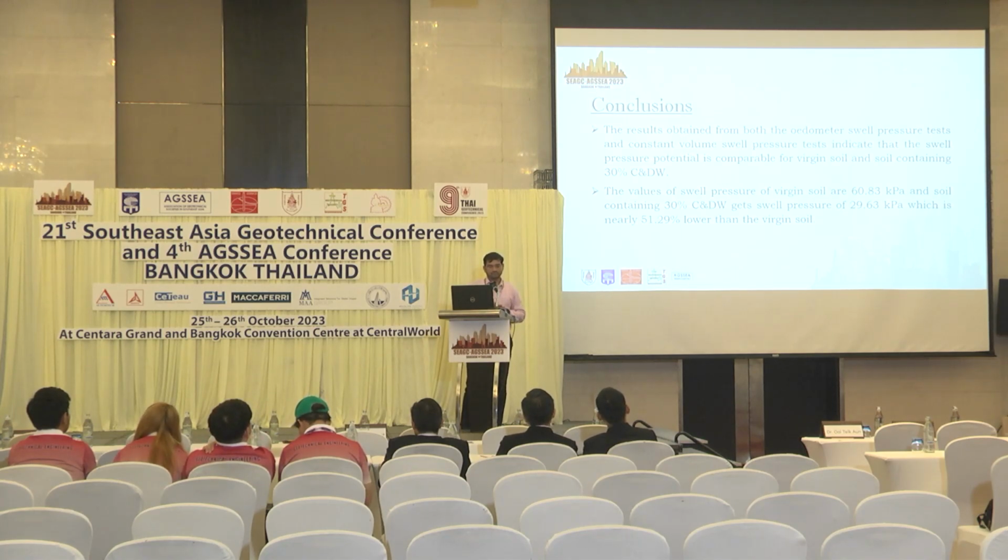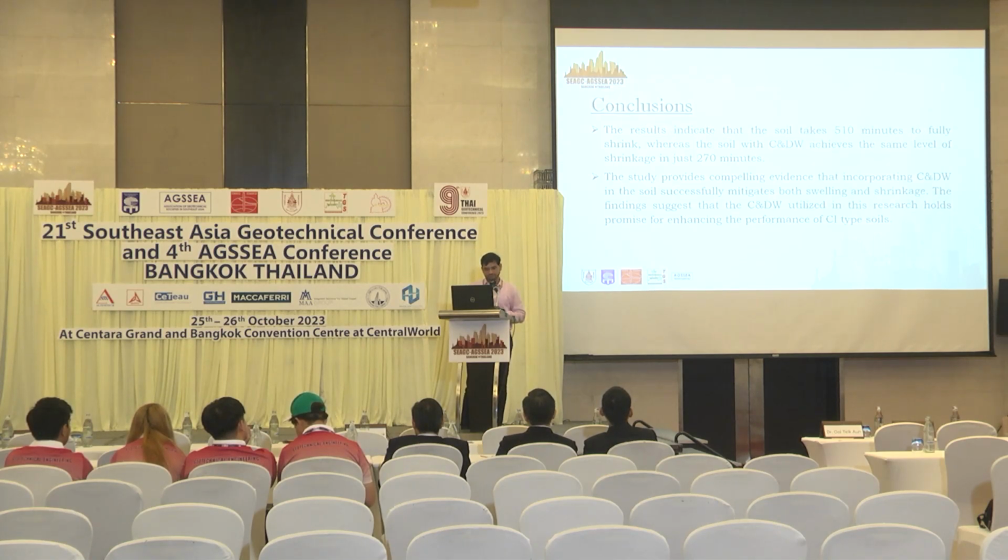From all this, the concluding remarks are here. From all the tests, I conclude that the maximum dose for this particular soil is 30%. The swell pressure of the virgin soil is 60.83 kPa, and the contaminated soil has a swell pressure of 29.63 kPa, which is nearly 51.29% lower than the virgin soil.